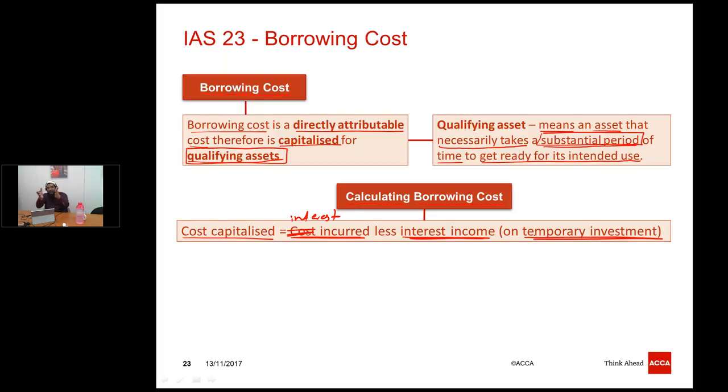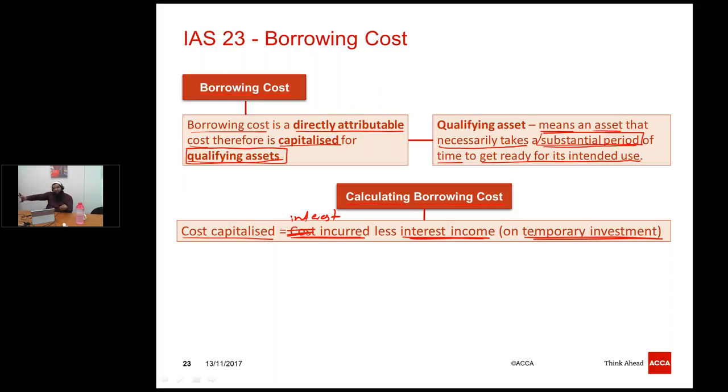If I've received a loan of $10 million from the bank, obviously I will not invest $10 million immediately. I would invest 1 million and then 1 million and then 0.5 million and then 2 million and then 3 million.